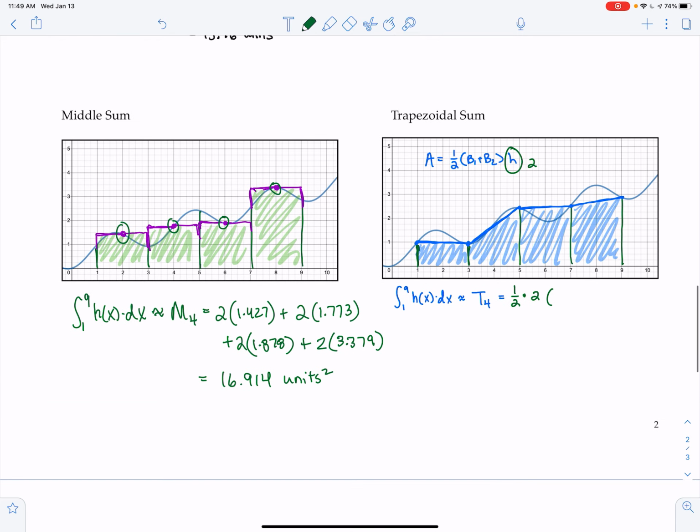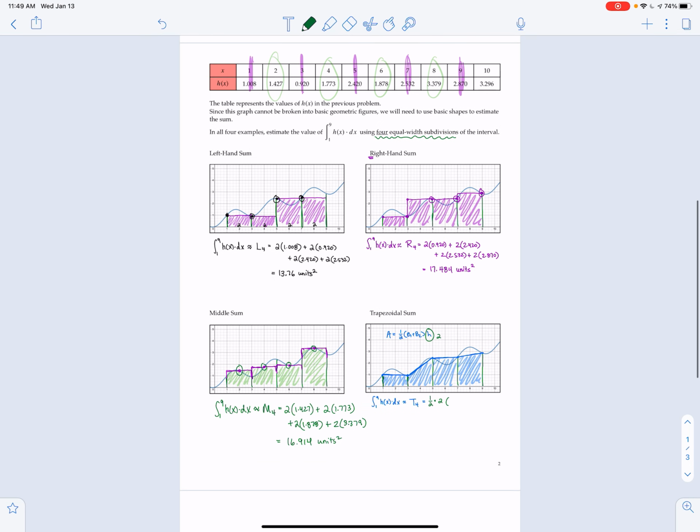And so we're going to have to use our table and zoom out a little bit here. So our first rectangle has bases of f of 1 and f of 3.